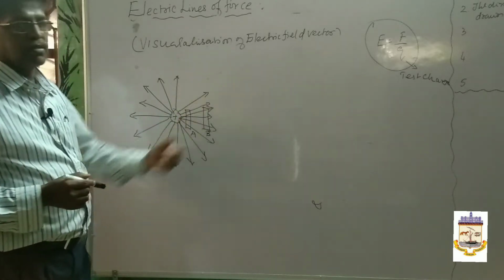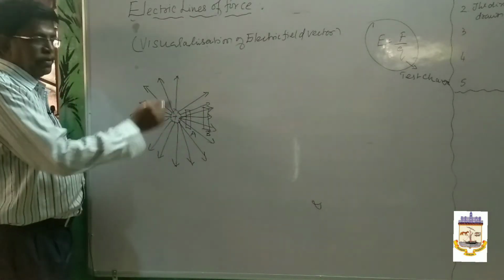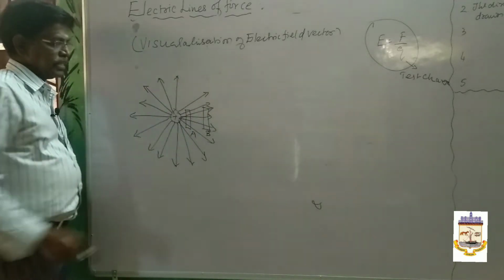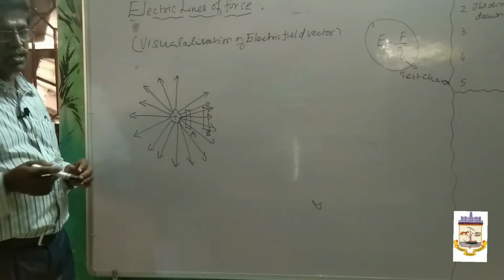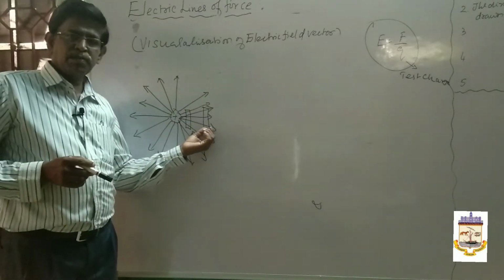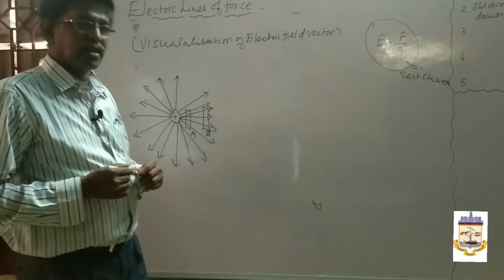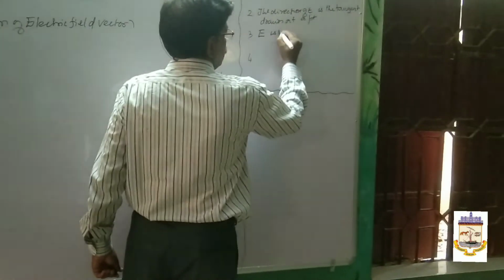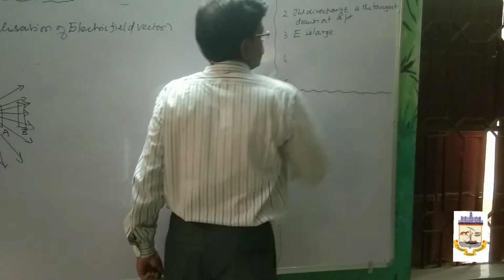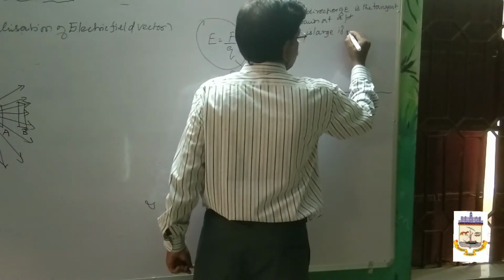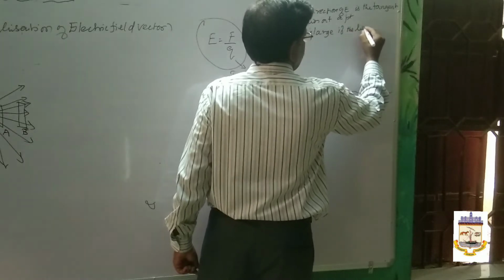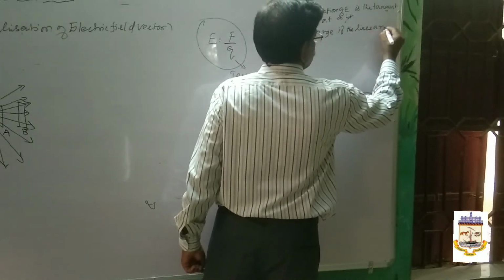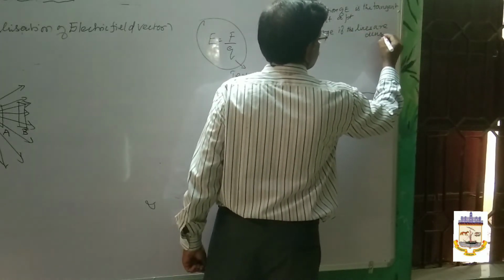This is the point number 3. I repeat, surrounding the positive charge, if the lines are crowded, the electric field is denser. If the lines are separated, the electric field is less dense. This is the rule number 3. E is large if the lines are denser.